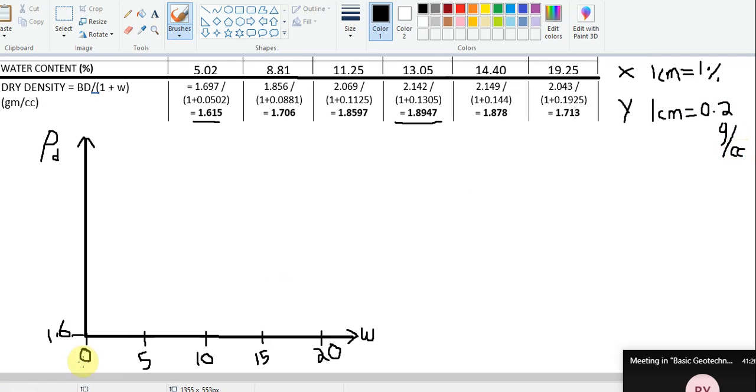That is for your next 1 centimeter mark, it will be 1.62, 1.64, 1.66. Or if you think this is a very big scale, you can take, let us take 0.4.